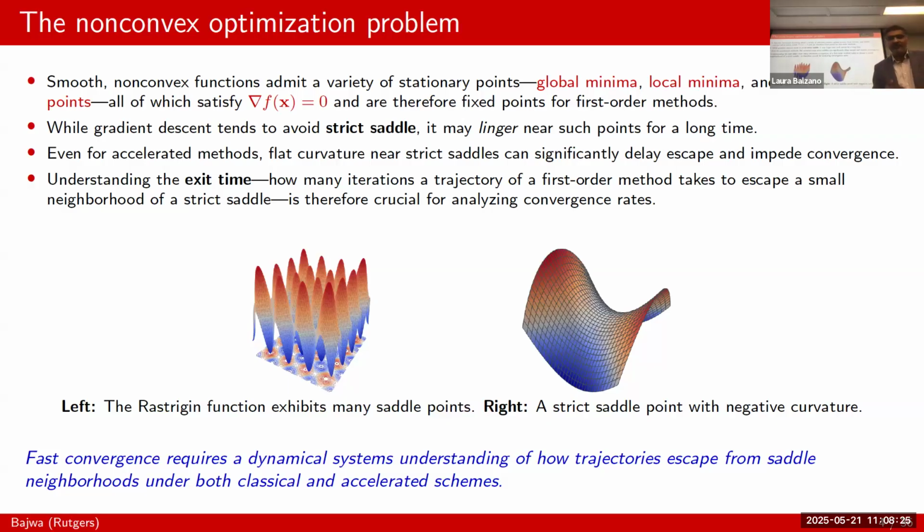You can't update yourself. While this is true, people heuristically knew for a while that when you run gradient descent, even though a saddle point where the gradient is 0 is a fixed point of your gradient descent dynamics, you almost never go there.